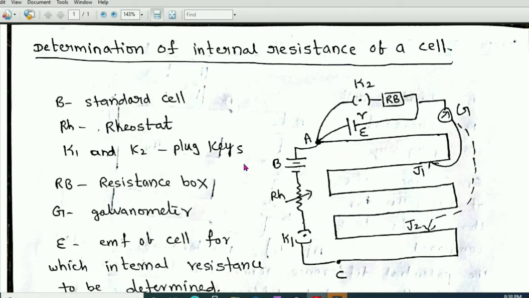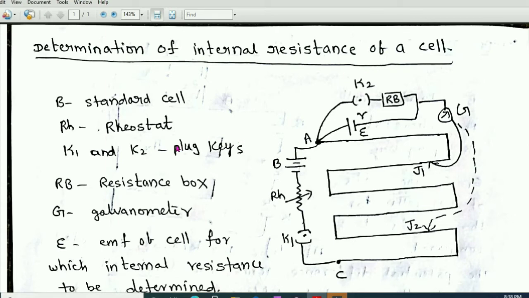The potentiometer works on the principle that the potential difference across any portion of the wire is directly proportional to the length of that portion of the wire.